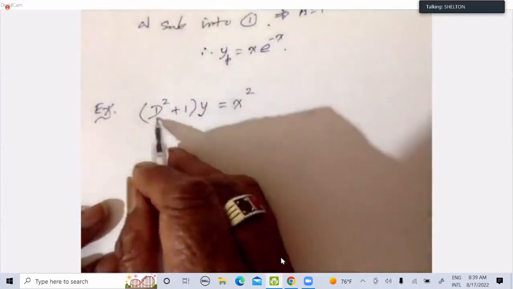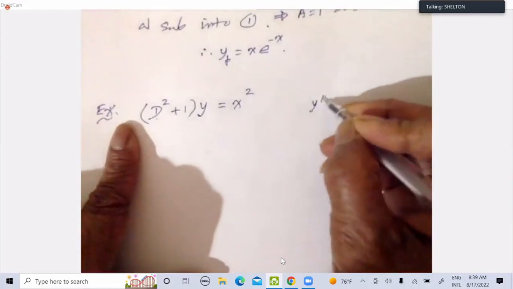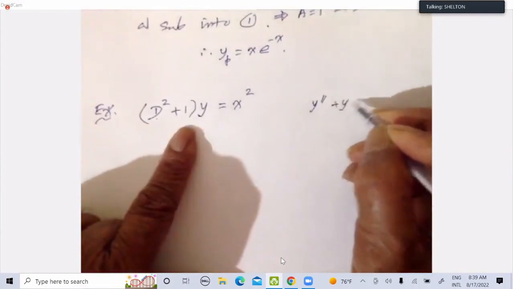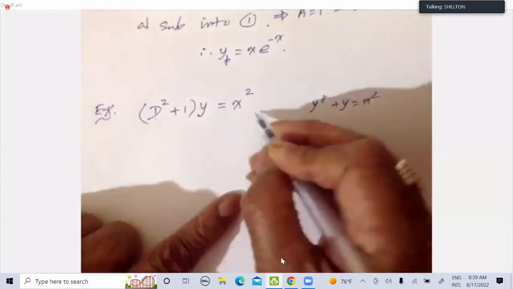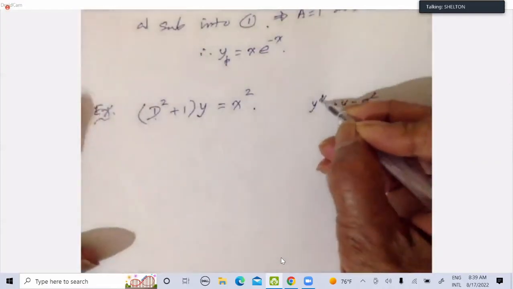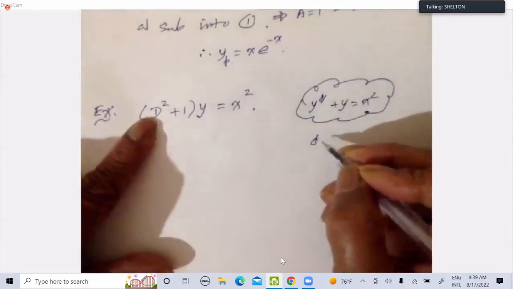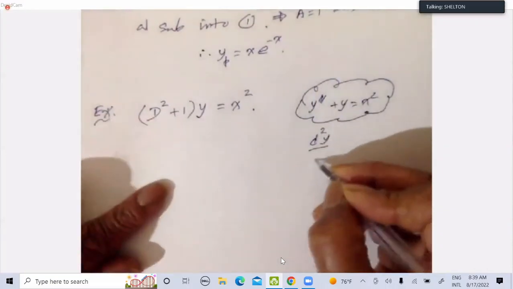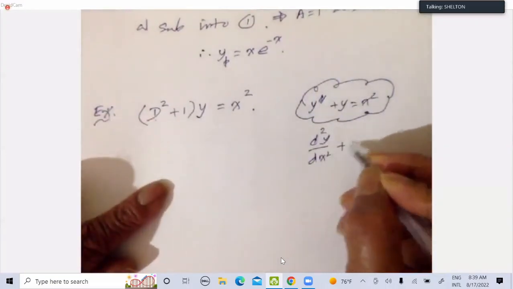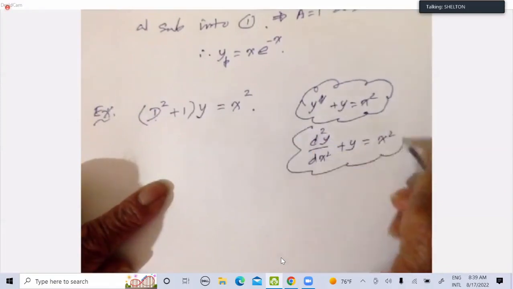After multiplication it would become y double dash plus y equals x squared. So you should be comfortable with any notation that is used for differential equations. This is the same as d squared y over dx squared plus y equals x squared also. Any form.